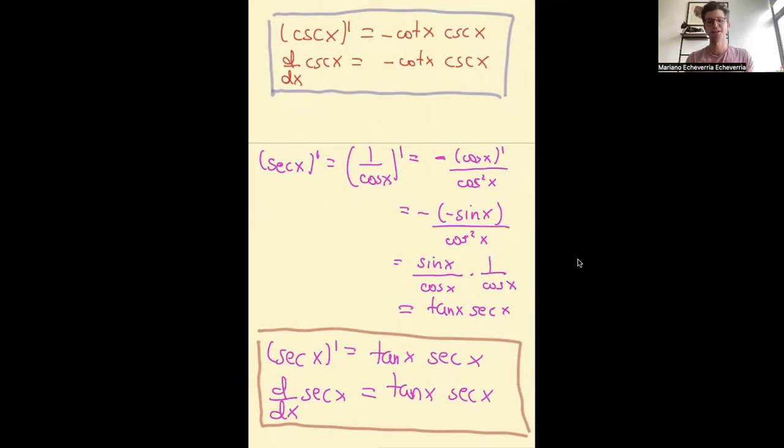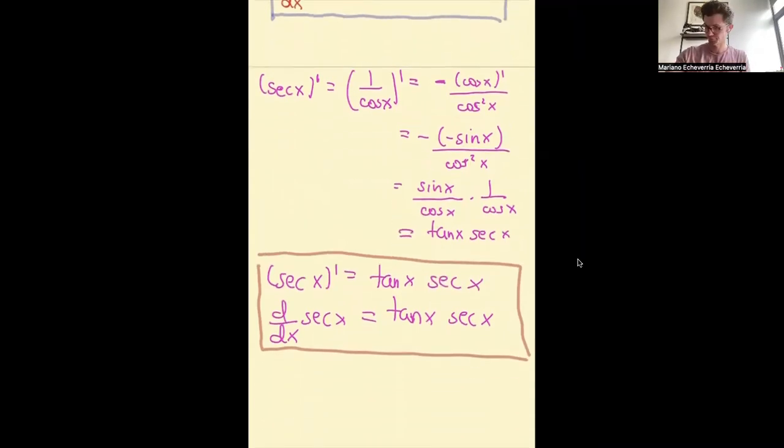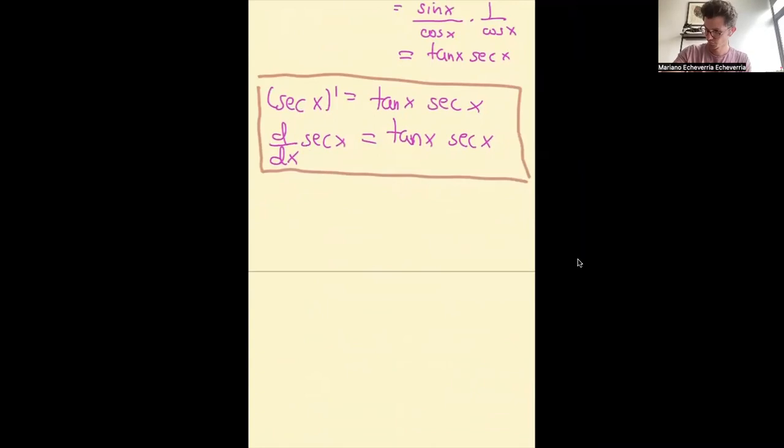So the cool thing now is that the next rule is kind of important as well. It's called the quotient rule. And as you might expect, it's a formula for the derivative of a quotient or a ratio, right?